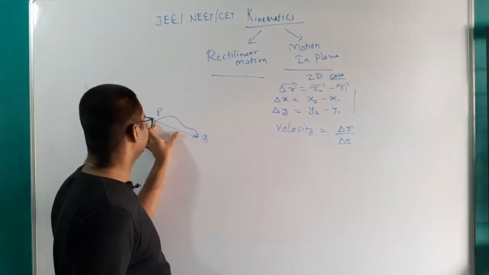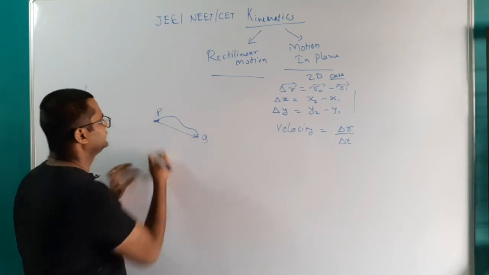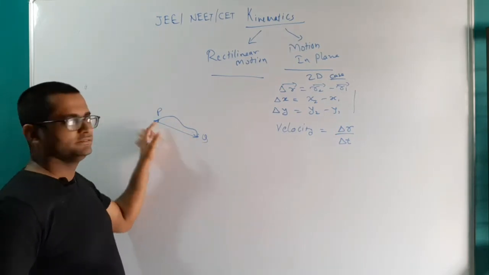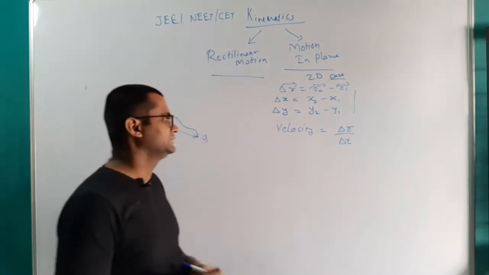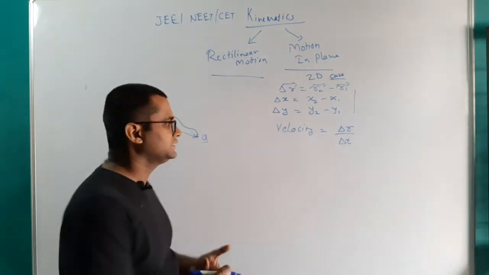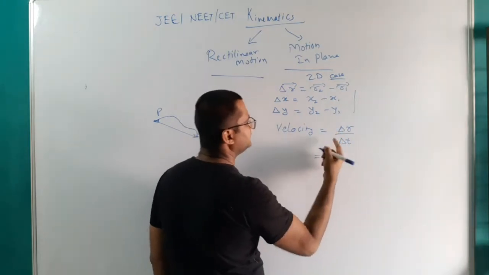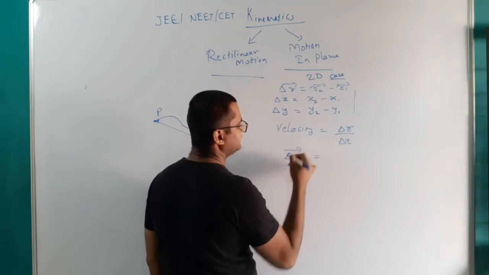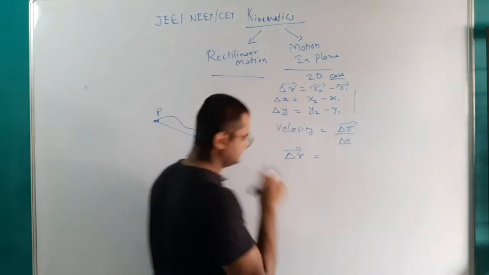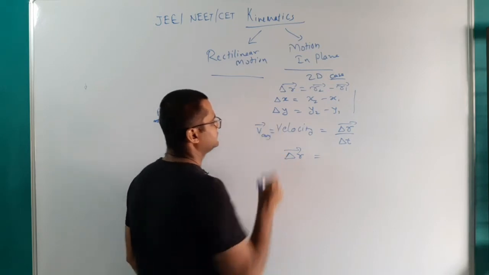If we reduce this interval and consider only this much part, then displacement and the path length will be approximately equal. So that case is the instantaneous case. Now this is velocity, delta r by delta t. So from this we can write delta r vector, this is average velocity.